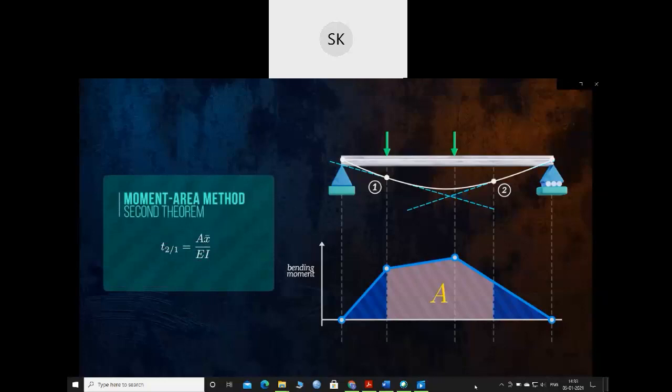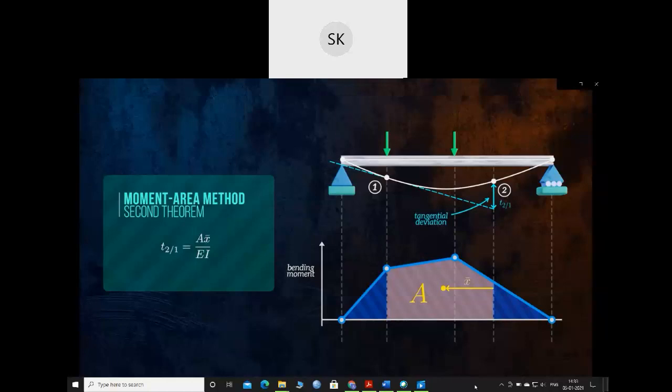It tells us that the vertical distance between point 2 and the tangent line at point 1 is equal to the first moment of the area of the bending moment diagram, divided by EI. The first moment of area is just the area under the diagram, multiplied by the horizontal distance from point 2 to the centroid of the area. This vertical distance is called the tangential deviation.